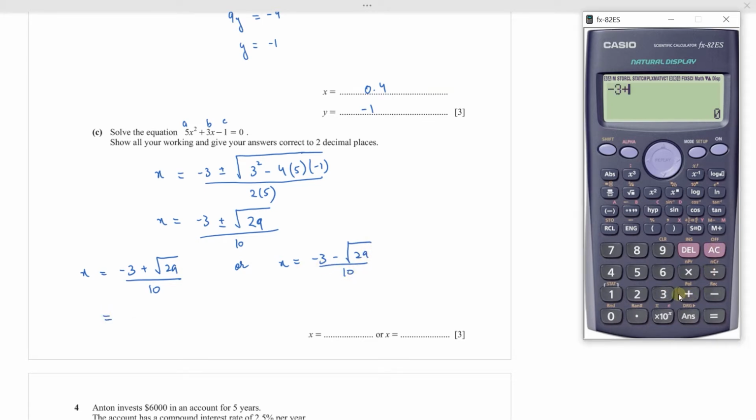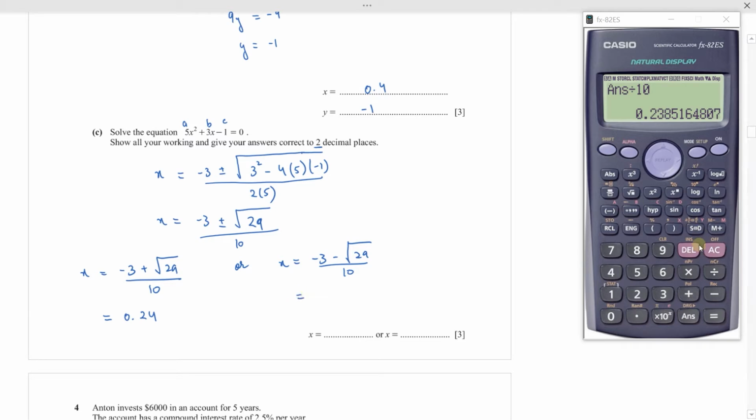So minus 3 plus square root of 29 and then divided by 10 gives you 0.2385. So I can write it as 0.24 because you have to give your answer correct to 2 decimal places.